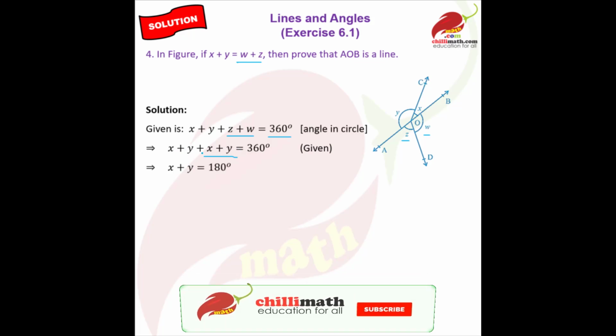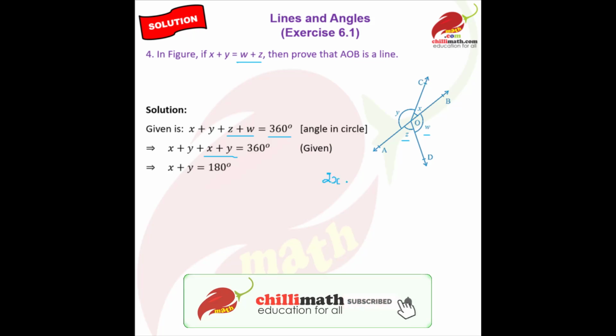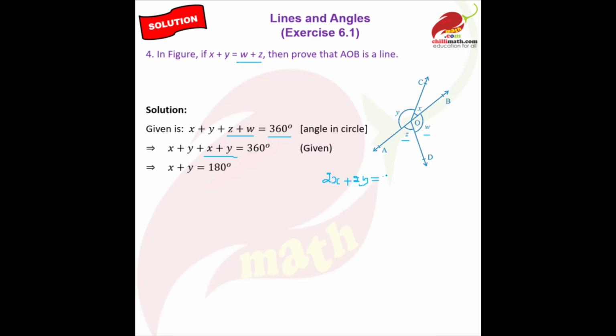By solving this, it will become 2x plus 2y equal to 360. 2 taken common, 2(x plus y) is equal to 360, and x plus y is equal to 360 by 2 is equal to 180 degree. And when sum of angles is equal to 180 degree, they form a line.